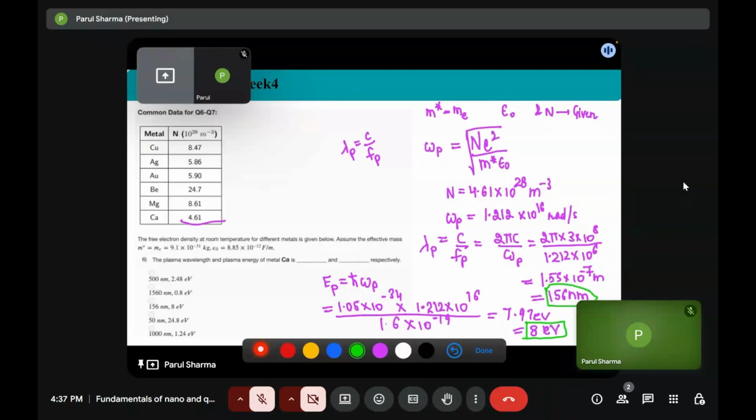So the 150 and 8. So option C is correct.